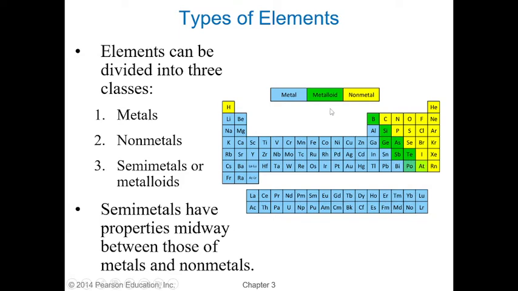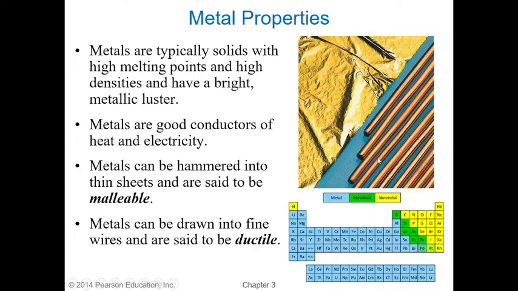So where are the metalloids? The semi-metals or metalloids have properties midway between those of metals and nonmetals, so they sit in between. There's a zigzag here, and that zigzag shows the location of your semi-metals.